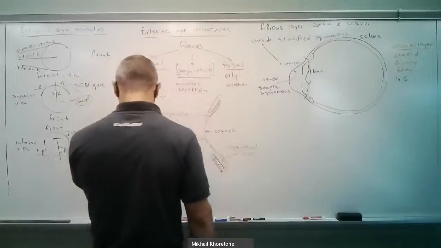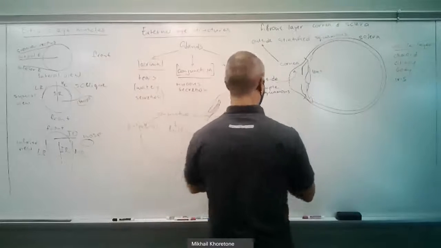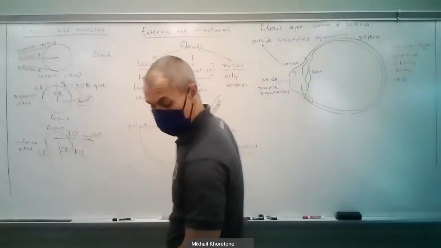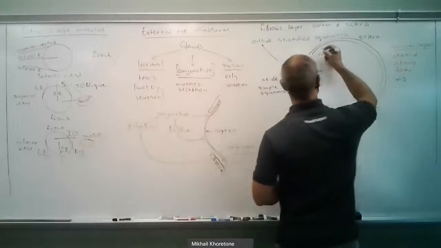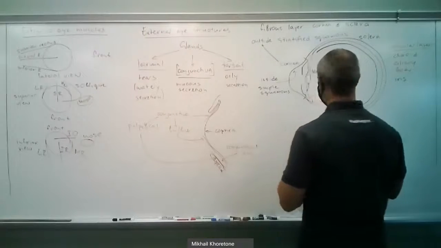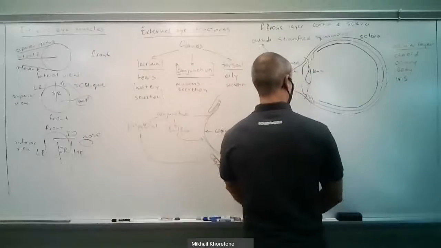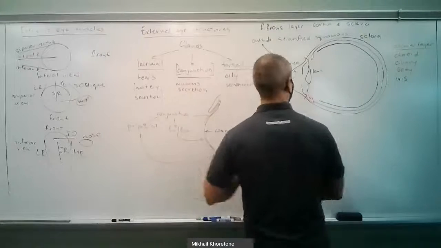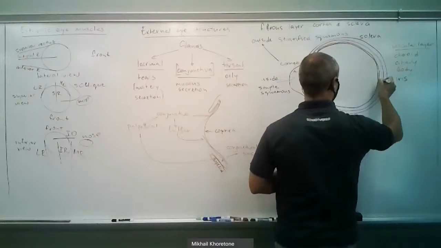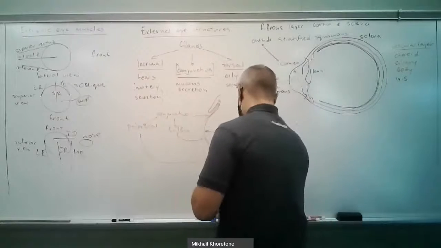Now, the innermost layer is the retinal layer, and it actually consists of two sublayers.